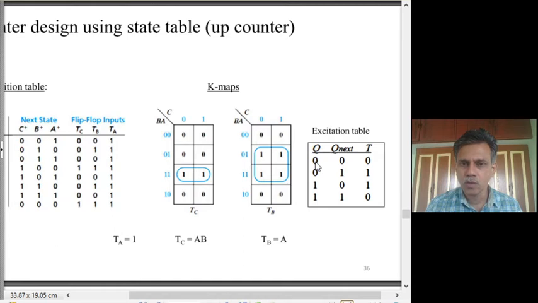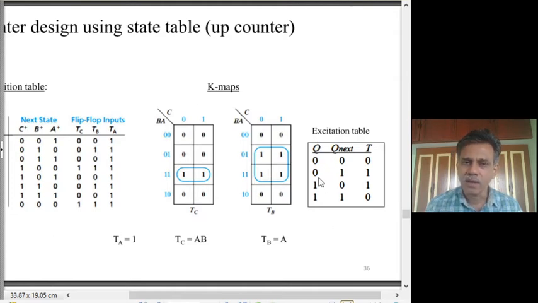So when Q is equal to 0, Q next is equal to 0, T has to be 0 for this to occur. Similarly, when Q is 1 already and Q plus is also desired to be 1, that is, there is no change in the bit, you have to just give 0 in the T input. So these 2 rows can be arrived at based on that.